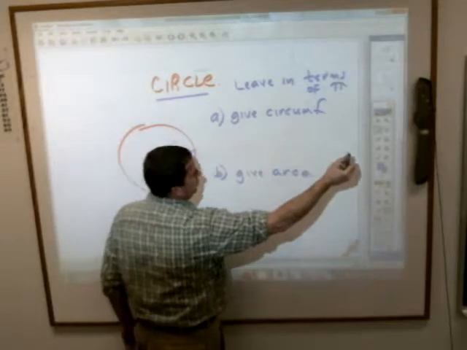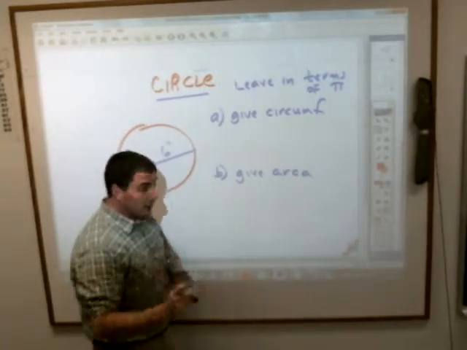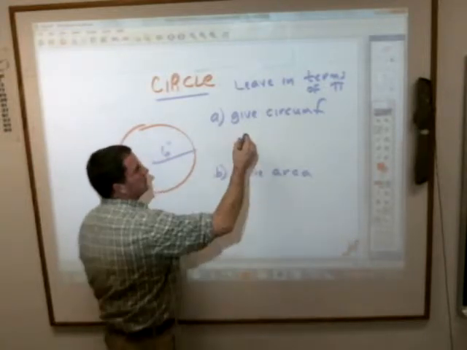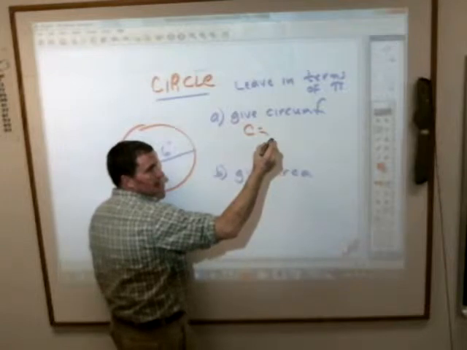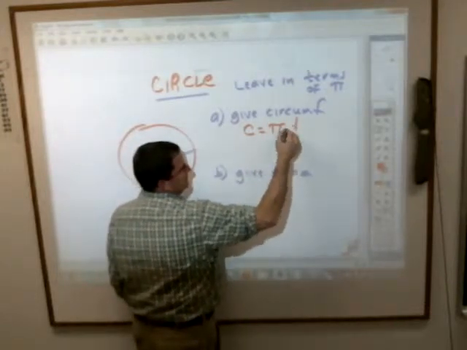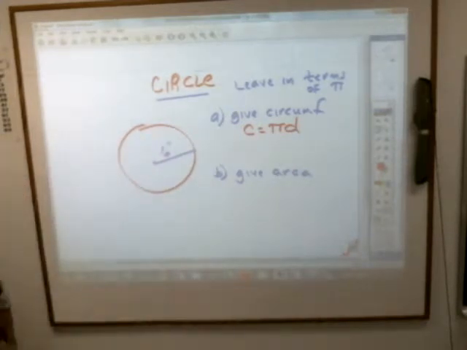If I'm supposed to give the circumference of the circle and leave it in terms of pi, the first thing I do is write down my formula for the circumference of a circle, which I gave you last time, Caroline. The circumference of a circle is pi times diameter.